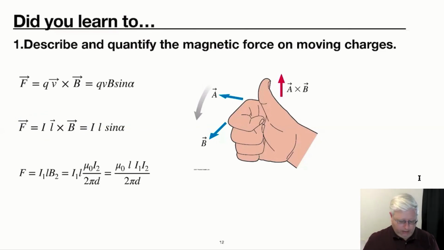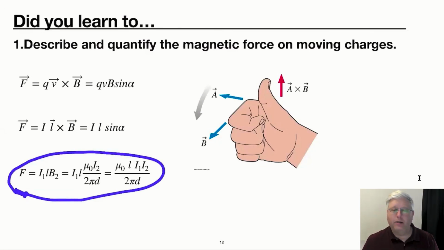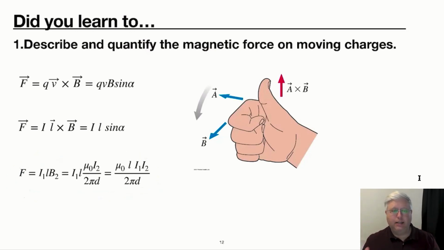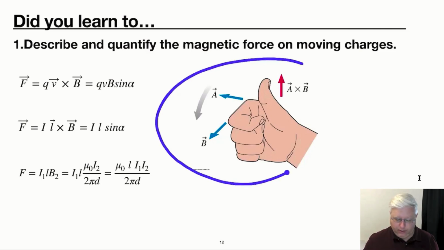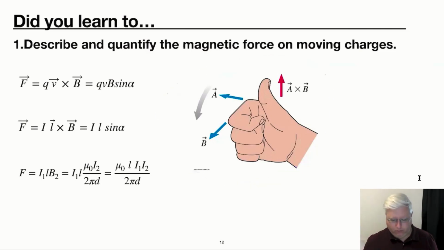And then we said if we have two wires that are parallel to one another, they exert an equal and opposite force on one another, and this is how we can relate that force. And always we're dealing with that right hand rule.